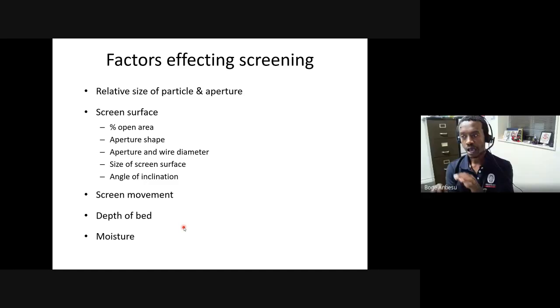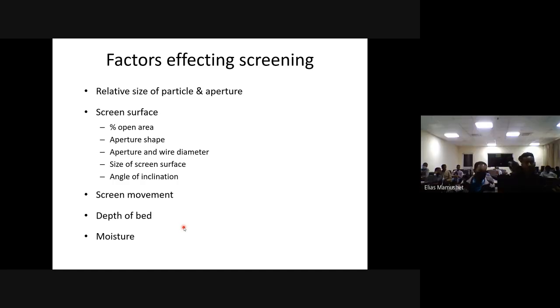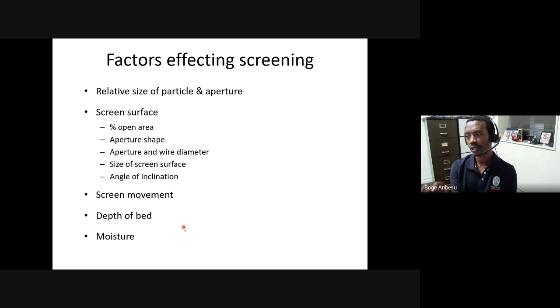If, for example, 60% of my particles are very close to 100 micron, I shouldn't pick 100 micron as a separation size. So you need to first work out your particle size distribution and determine the size where you're going to conduct your screening operation.